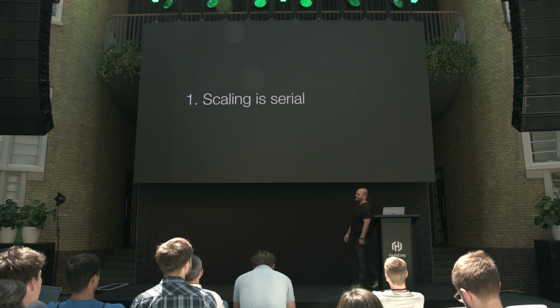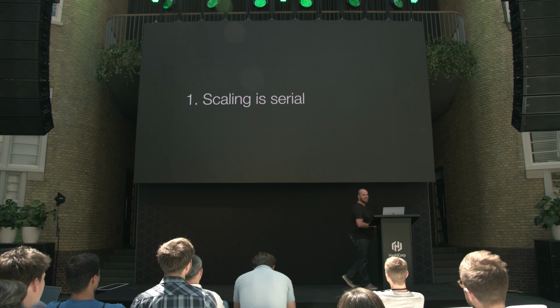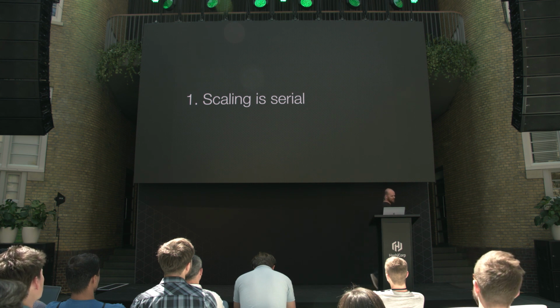Number 1, scaling right now is serial. I really do not want to DOS attack my own public cloud. That would not go down very well with my company, and it would cause me some big problems internally. So until this became a more mature project, we thought, let's do this in a serial manner.